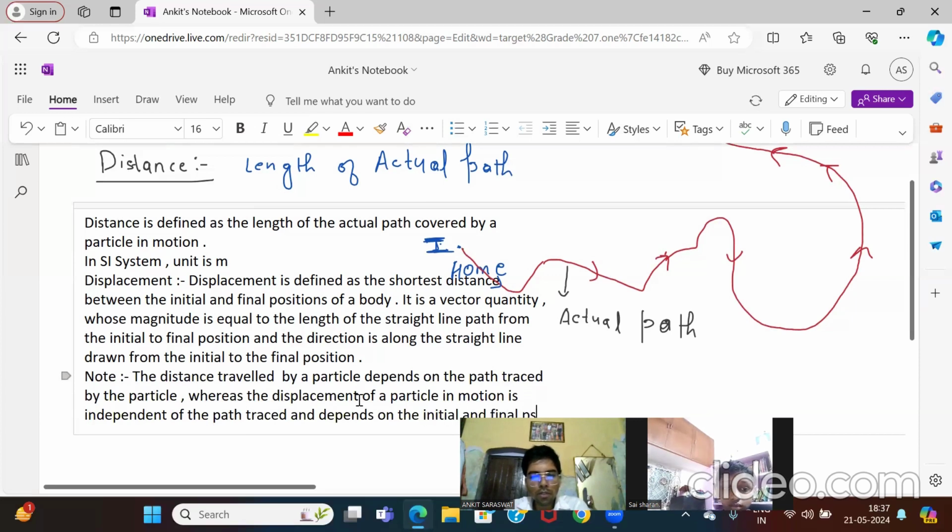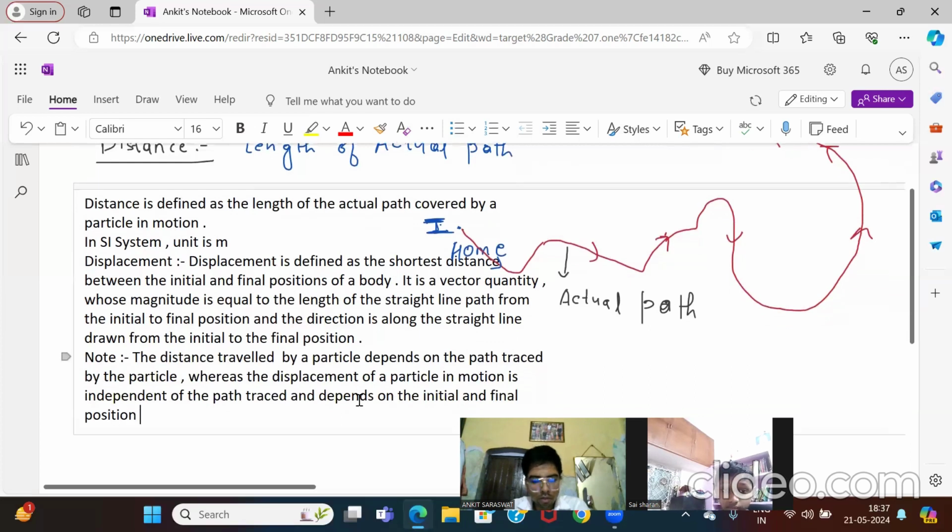Very, very important. Initial and final position of the particle. Note it. Have you written? Please write. Sir, 1 minute. Okay, please write.